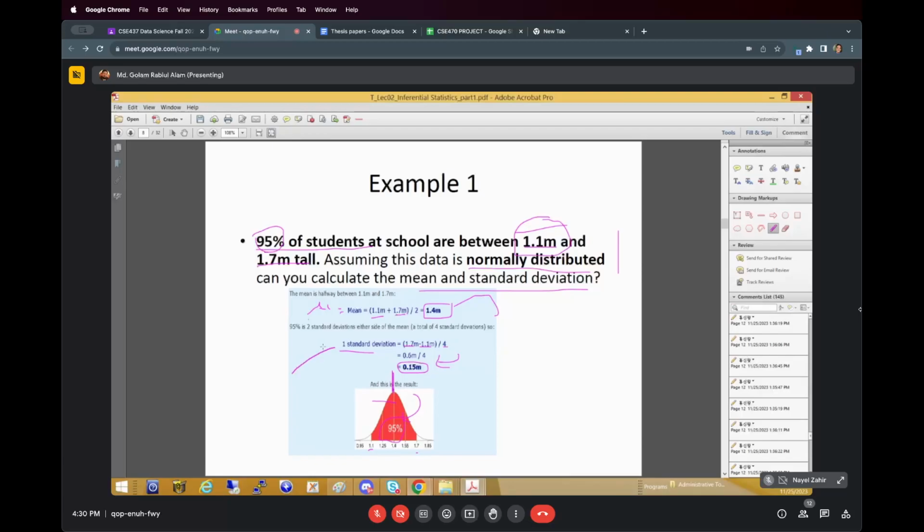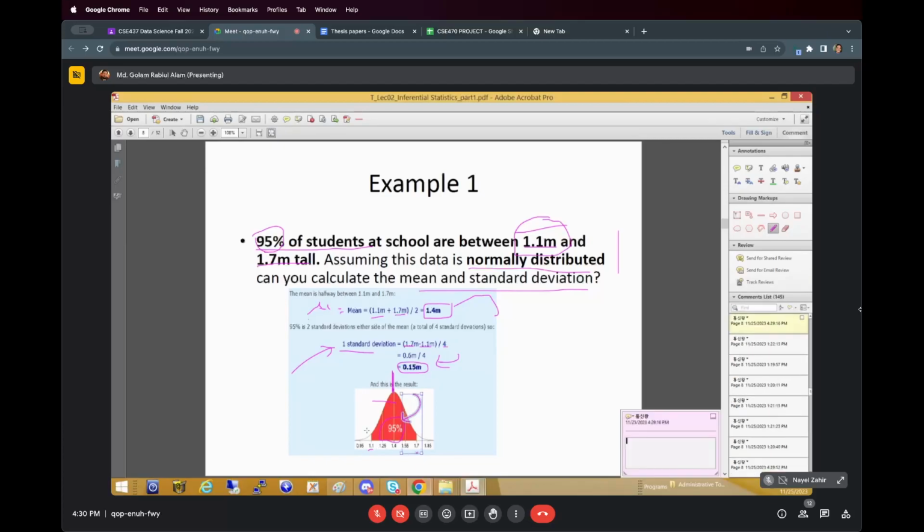Now, if we want to find out the standard deviation, the difference is 1.7 minus 1.1. Here this is the difference, but actually we have 4 sigmas, so we have to divide it by 4.